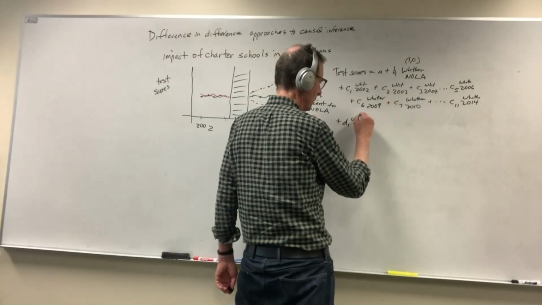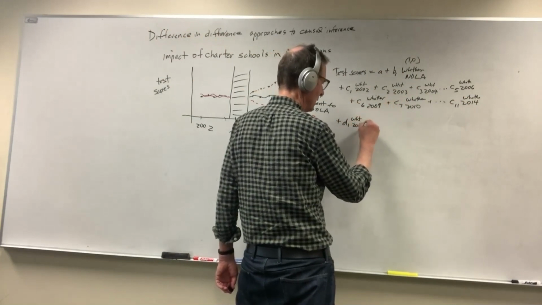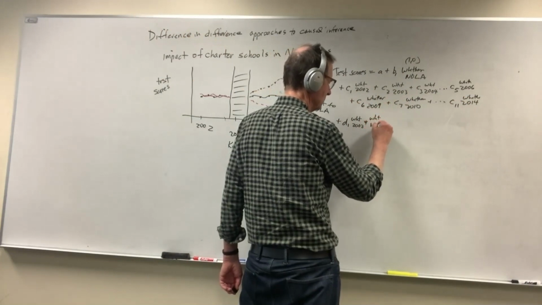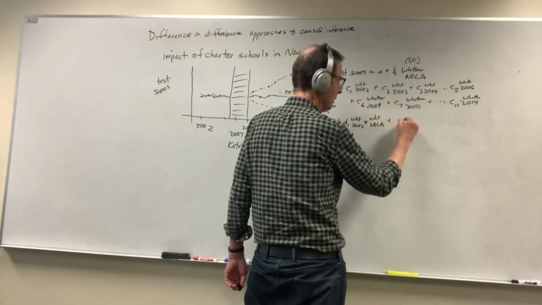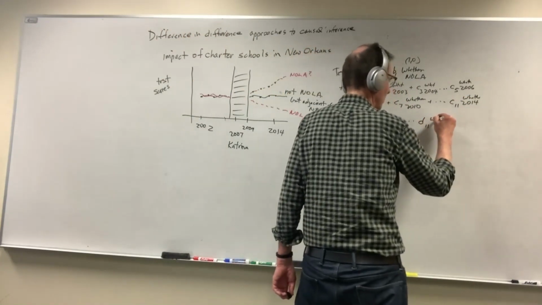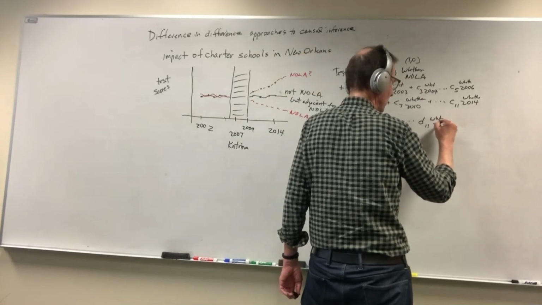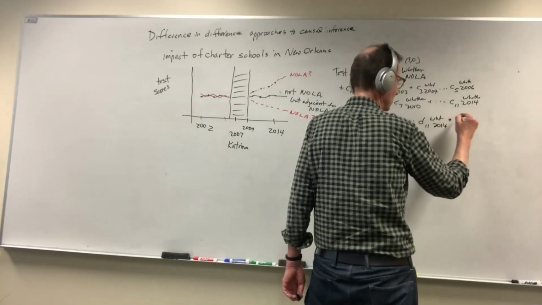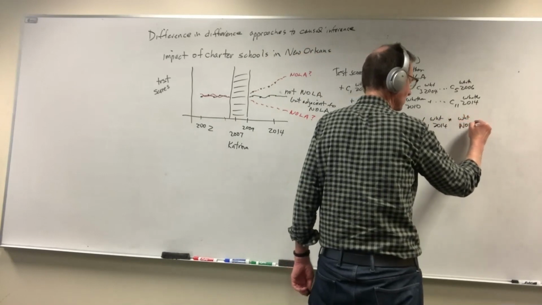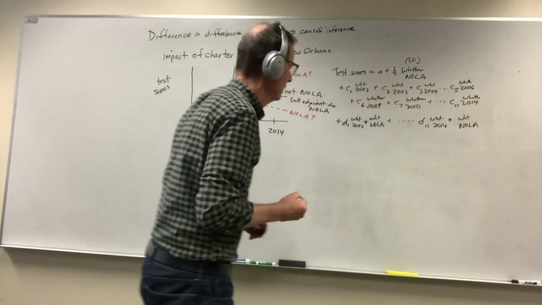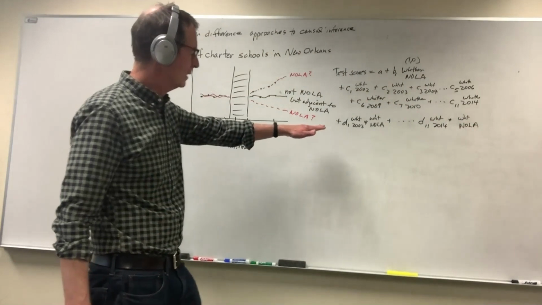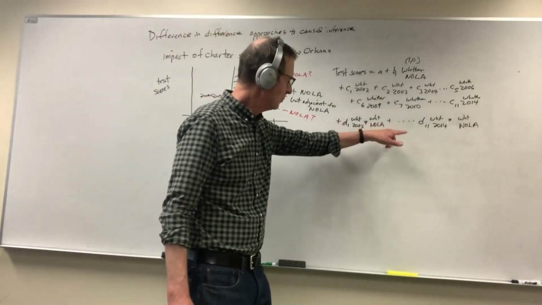And now we've got whether 2002 times whether NOLA, plus, all the way out to D11, whether 2014 times whether NOLA. All right, and we can use this then to track what the pattern of difference is.